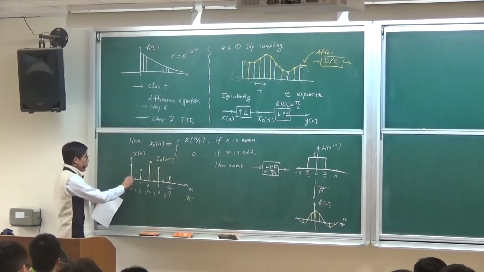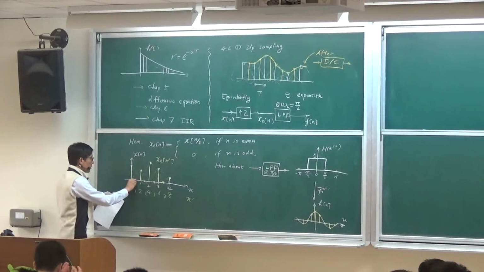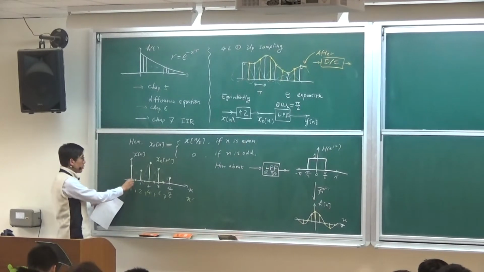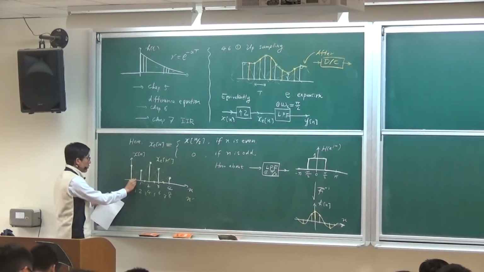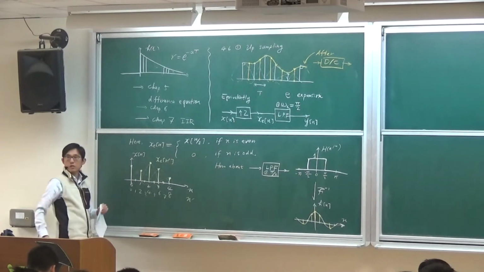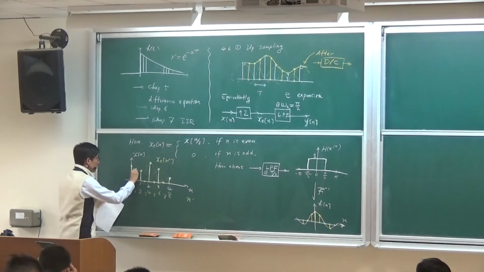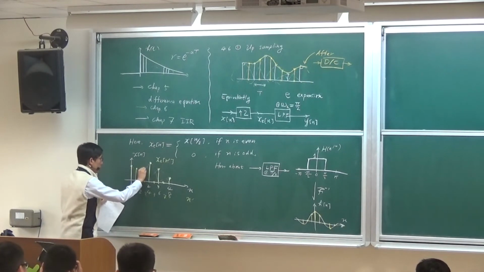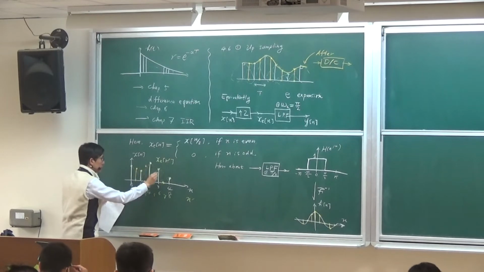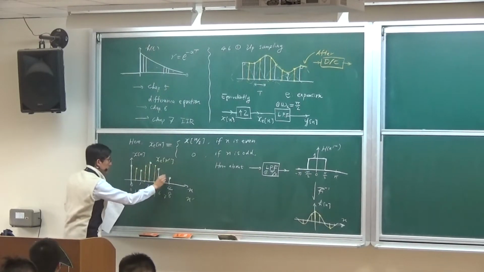That means that we are going to calculate the interpolation only at n equals 1, 3, 5, 7, and so on. Okay? So the result will be something like this. You can just draw your own picture. Okay? The result is something like this.